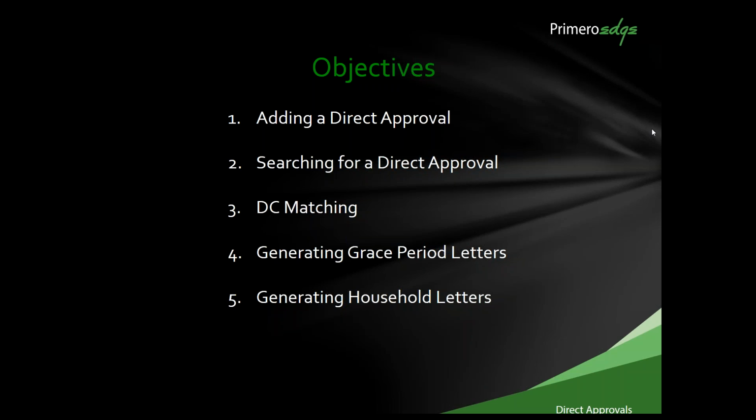We've talked about how you can complete your DC matching by going in and matching your students. You have that potential match tab where those students who have not been matched, but have a high probability as a result of that great algorithm in Primero Edge, will be matched for you. You can go in and match them or mark them as reviewed.